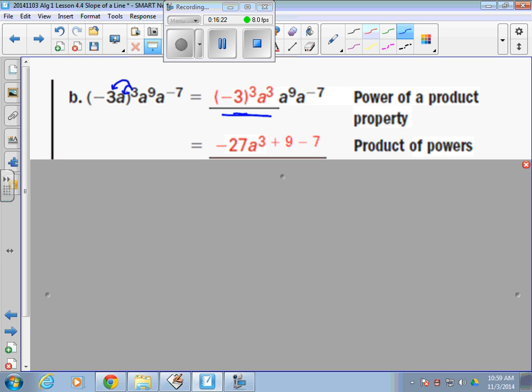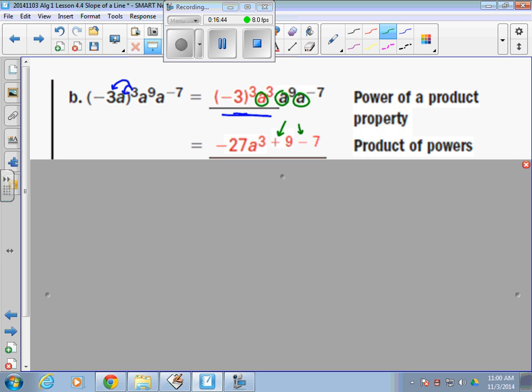Then all of these are a. You have a times a times a. They're all the same, so you can add the exponents. Remember, when you're adding numbers, don't think of it as plus, because this is adding and this is adding. The reason I say that is because you're adding a negative number, but instead of writing plus a negative, you could simply write it as minus.